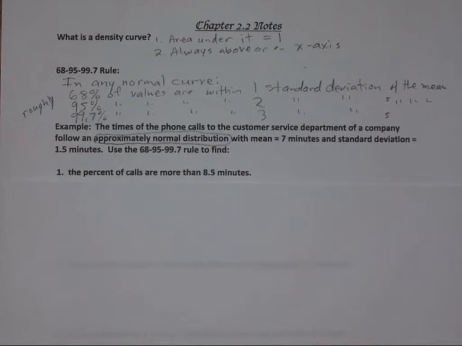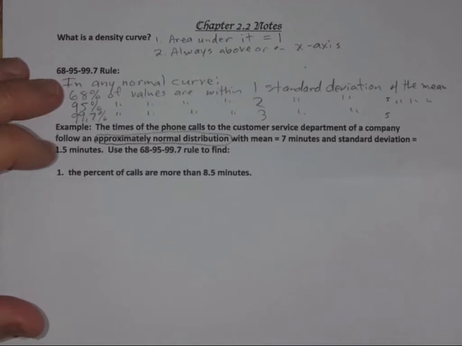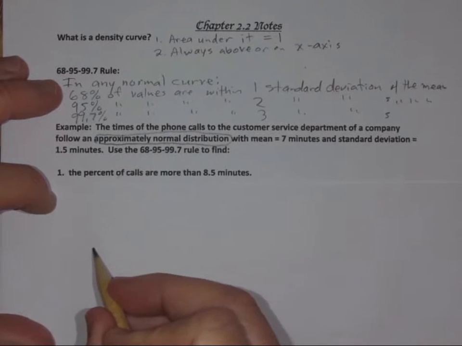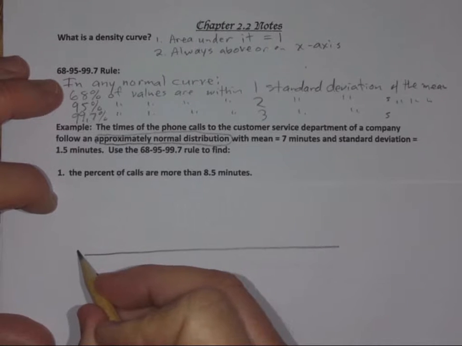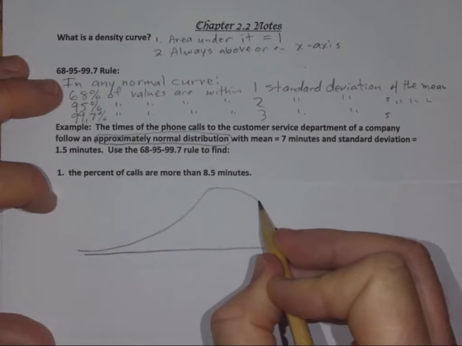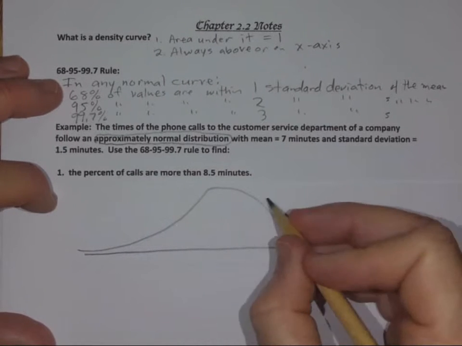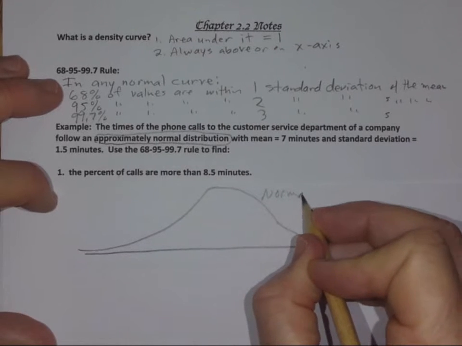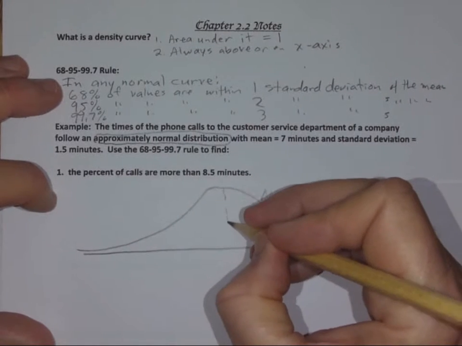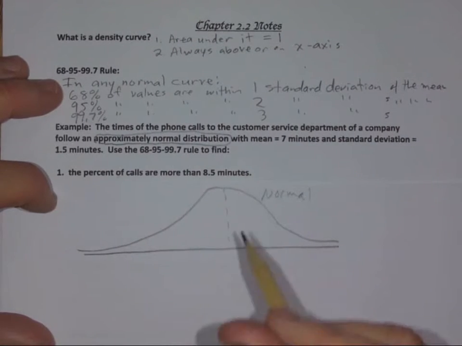So what I'm going to do is draw this curve. When you draw a normal curve, it looks something like that, all right? So we'll label this as normal. And the mean is right in the middle, so the mean in this case is 7.